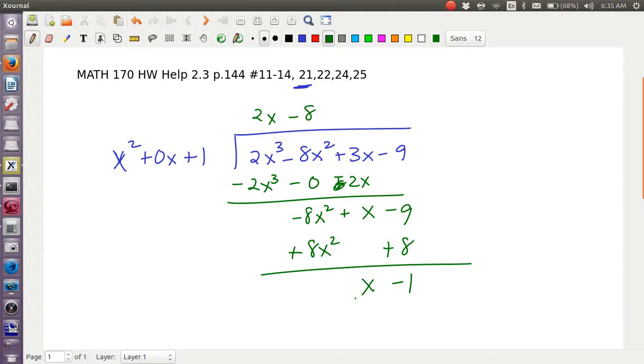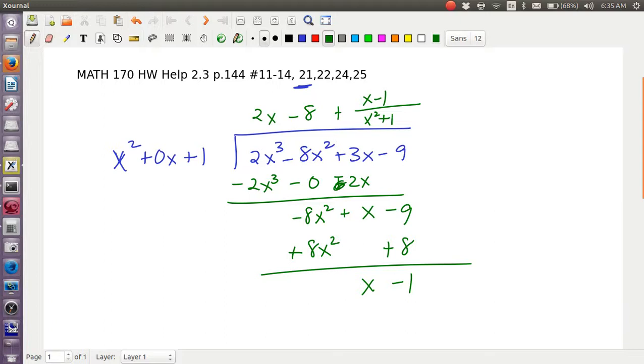And there's nothing you can do with the remainder. So you would just say plus x minus 1 over x squared plus 1. You'd be tempted to try to simplify that, but it's not going to simplify. It looks like it should, but it won't.